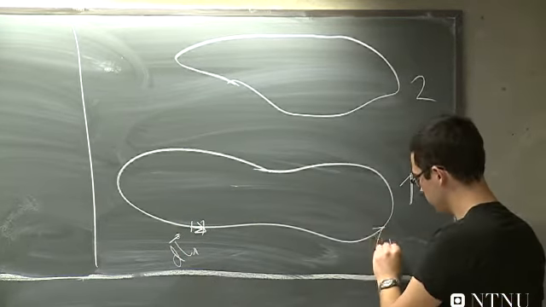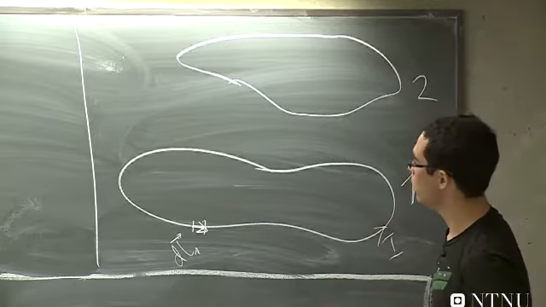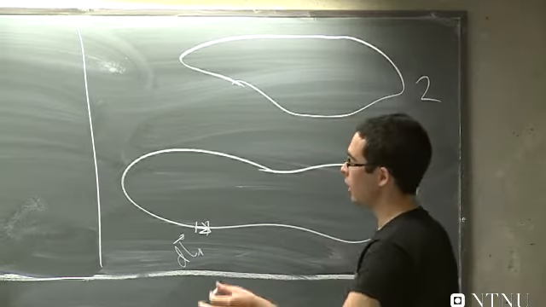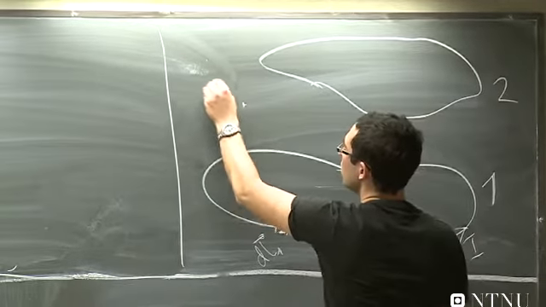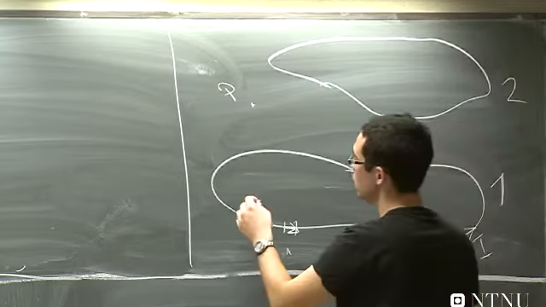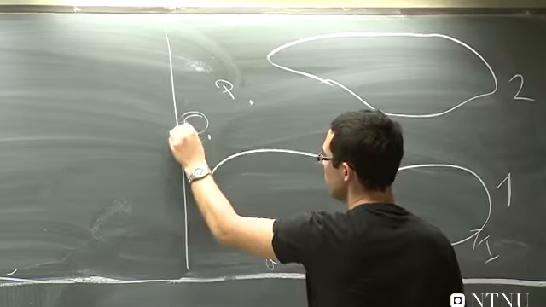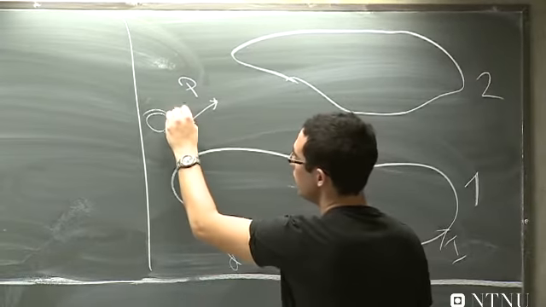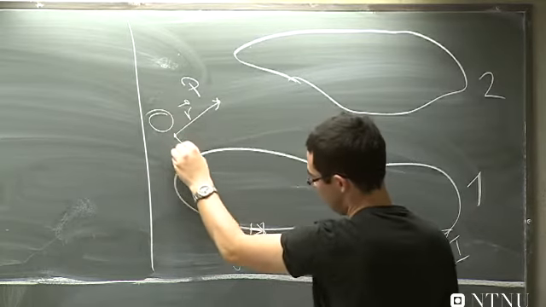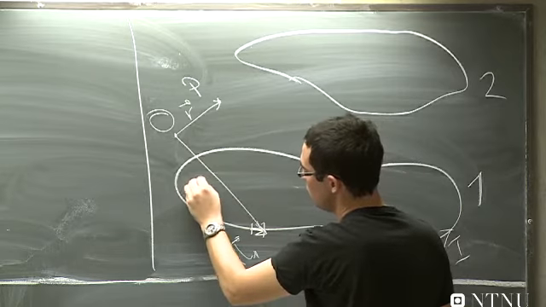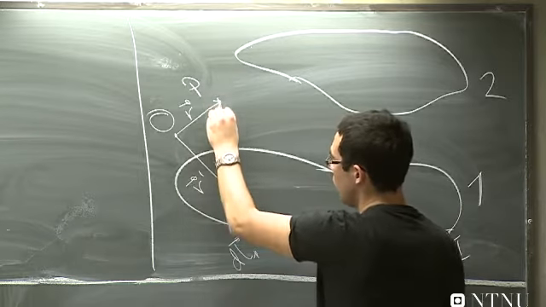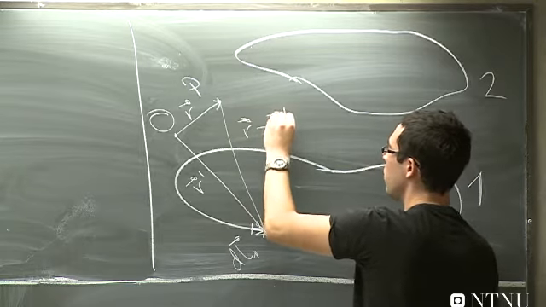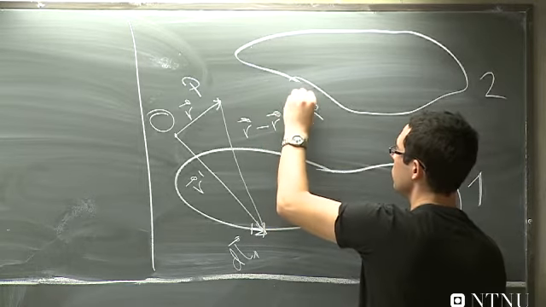There's a current I. I'm looking at, let's say, the B field at any point, maybe this point, for example. And there's an origin, as always. And this is R vector. This is R prime. And the distance here, R minus R prime, is equal to big R.